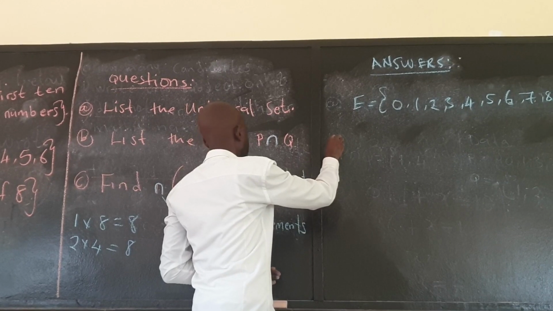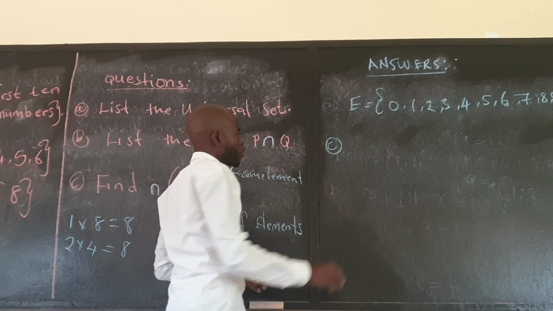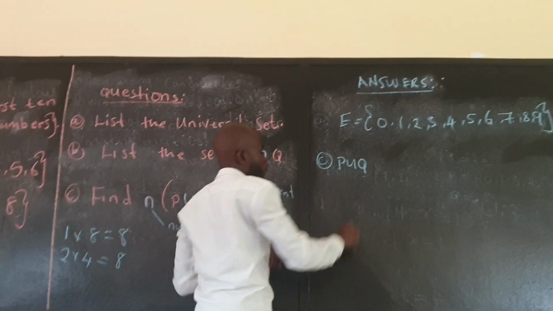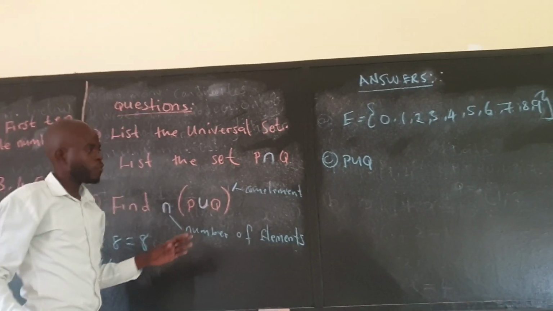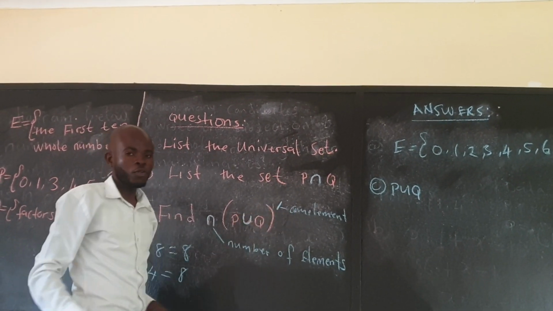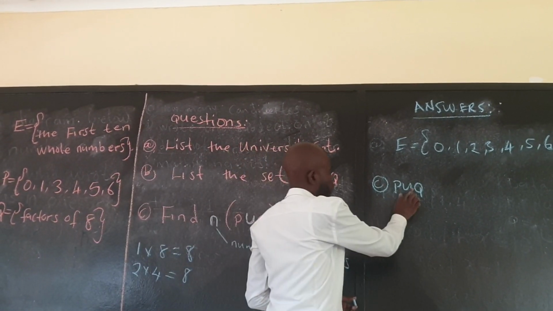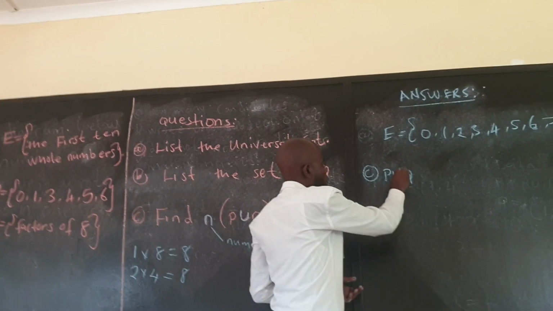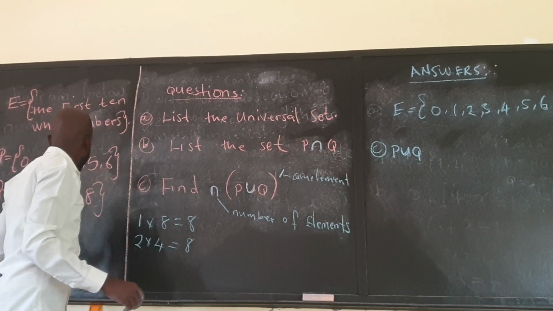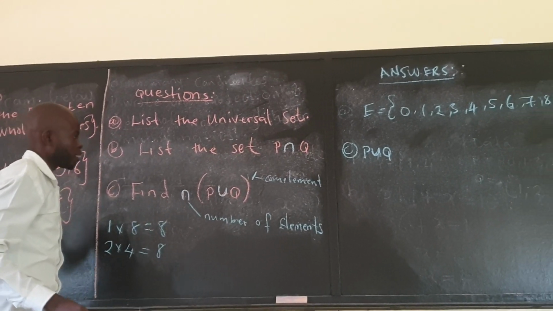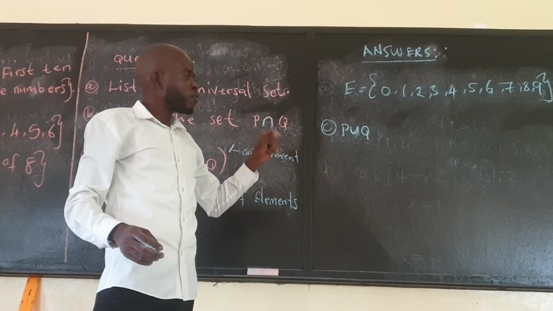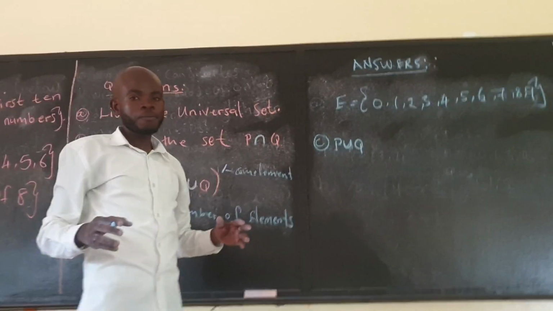So we are answering question C. So let's come up with P union Q first. Before we even think of the complement, we need to come up with P union Q. So P union Q is the combination of P and Q. But there is a golden rule that you have to follow. None of the numbers must be repeated.